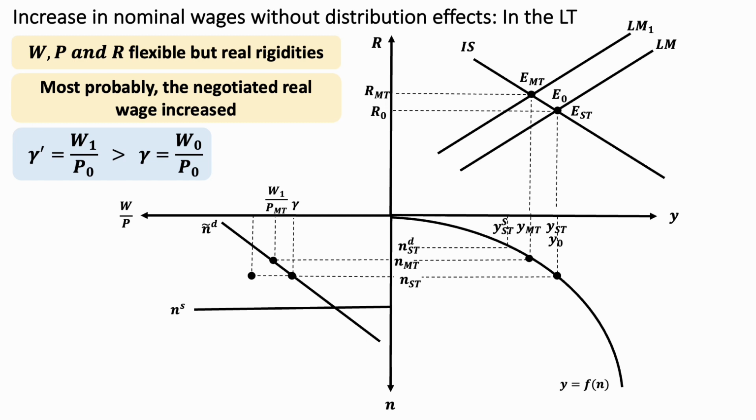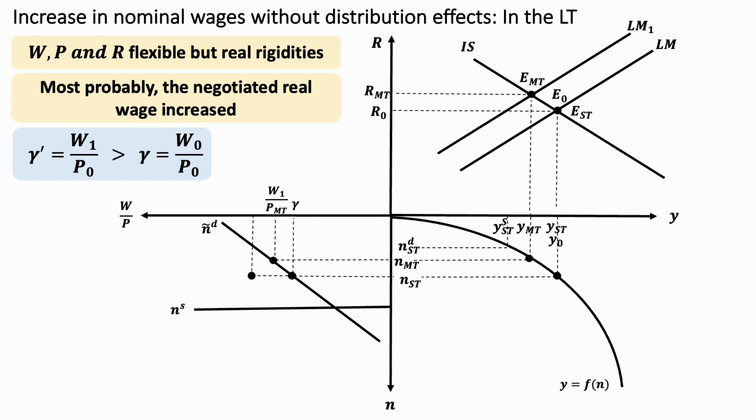If the real wage comes back to the initial gamma, this would mean that workers only negotiated a nominal raise, which is not very useful in the long term, and that they would be subject to monetary illusion. It's a possibility, but it's not the assumption that we're going to make for this class.